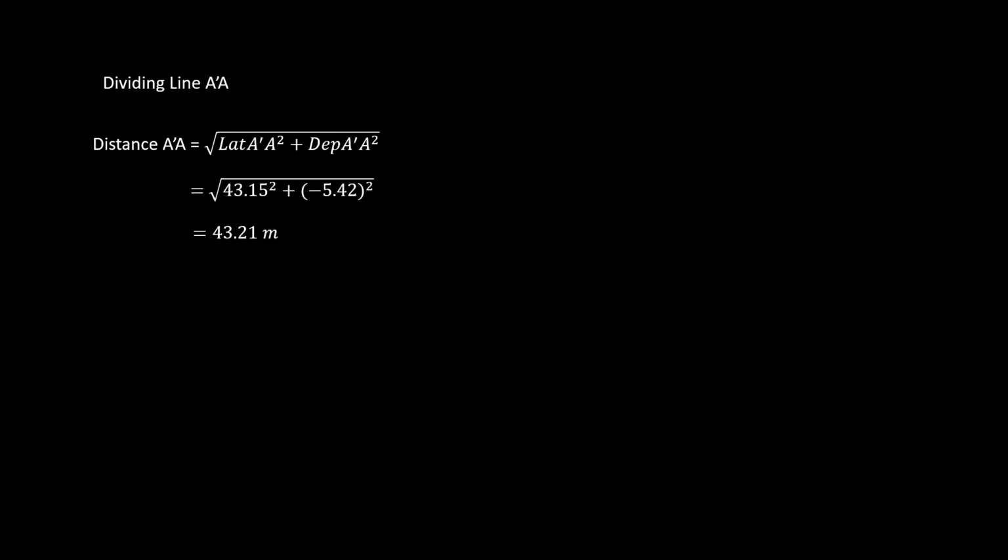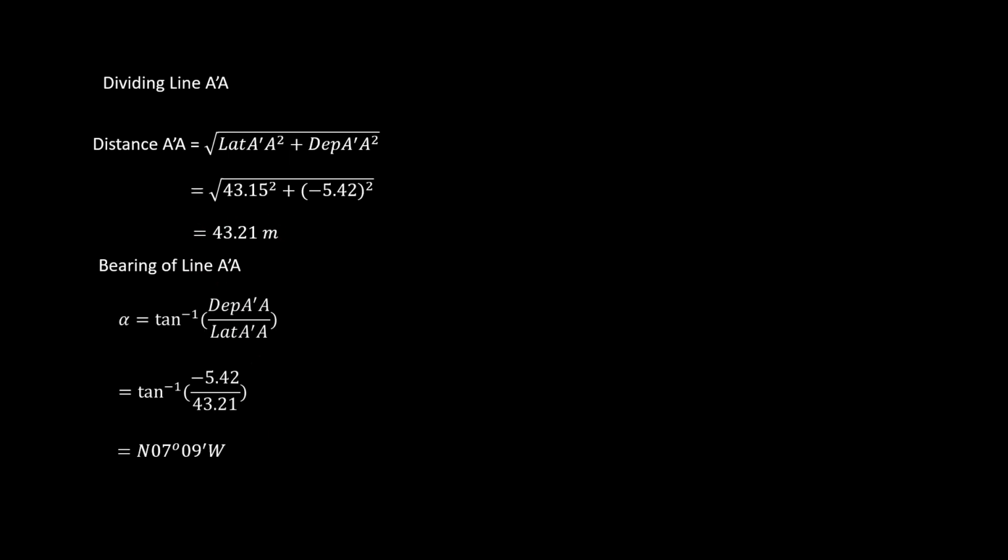Since we know the latitude and the departure of line A prime A, we can calculate for its distance or length using Pythagorean theorem, the square root of the latitude of A prime A squared plus the departure of A prime A squared, giving us the length of 43.21 meters. As for the direction or bearing of line A prime A, it will be the arctangent of the departure of A prime A over the latitude of A prime A, which is north 7 degrees 9 minutes west.